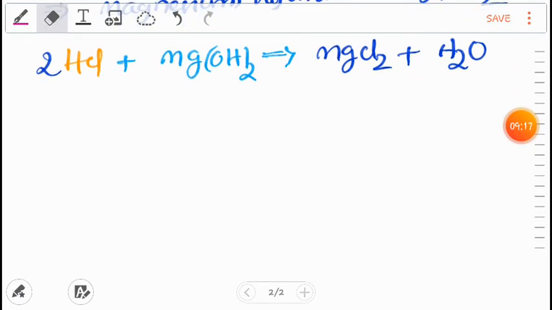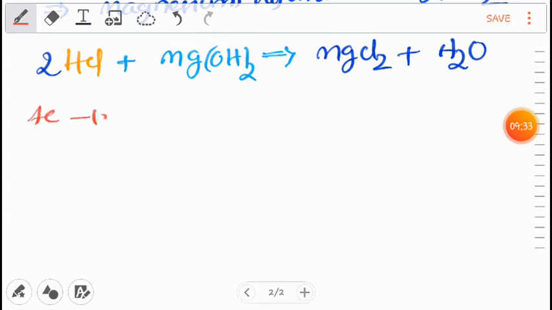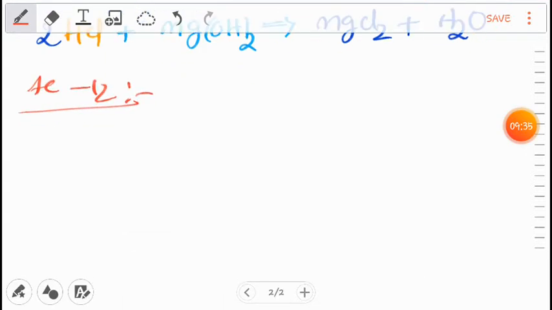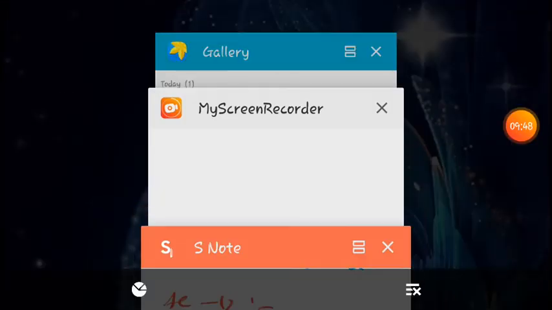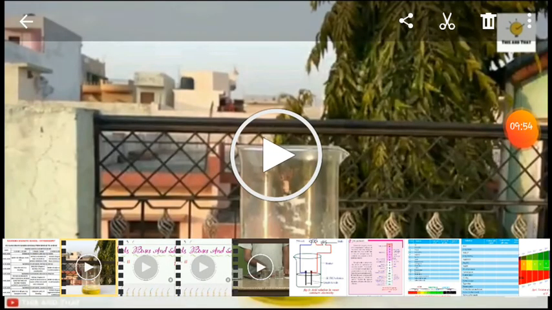Now we'll do the activity. I will explain activity 12 now. You are going to take the antacid powder and add it to the HCl. Take antacid tablet powder. We'll see the experiment first, then we'll write the procedure, so you can understand clearly.